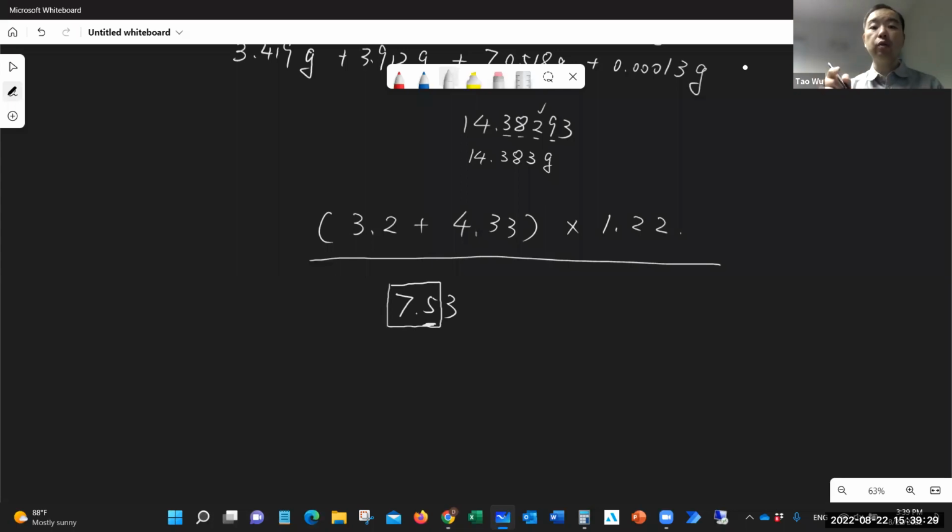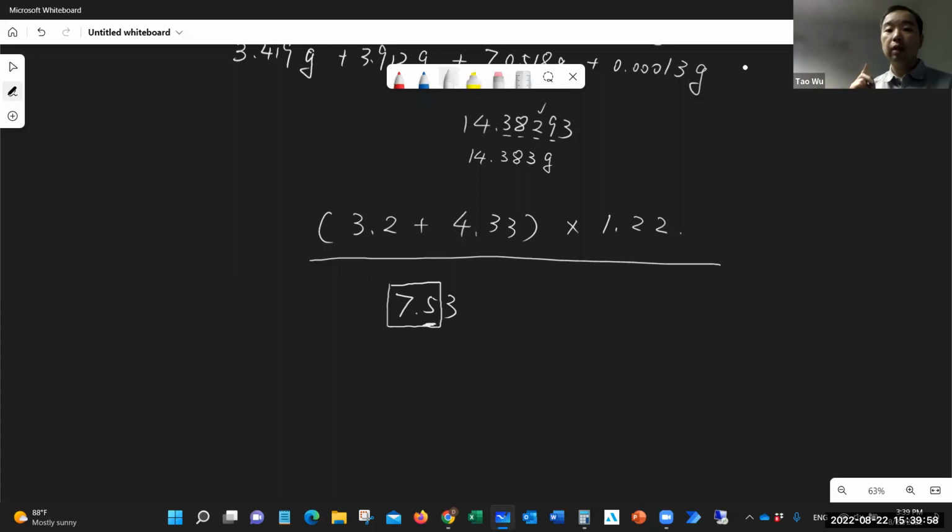So 3.2 plus 4.33 is in the middle of the calculation, right? We haven't got the final answer. It's just in the middle of the calculation. So you cannot round the numbers in the middle of the calculation. If you round this number, then the final answer will not be accurate. It's off from what it's supposed to be, right?